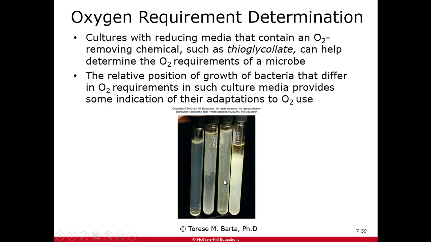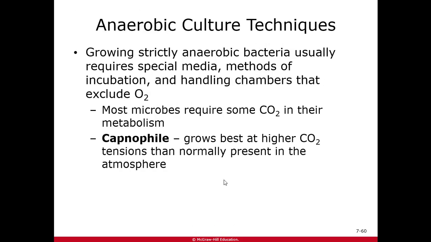We don't always know an organism's oxygen requirement, and it's not the only gas requirement for some of them. Carbon dioxide is present as well. So we have to be concerned about what kind of environment, oxygen-wise, we give our organisms in a lab, and for some organisms, we also have to be aware of carbon dioxide levels.